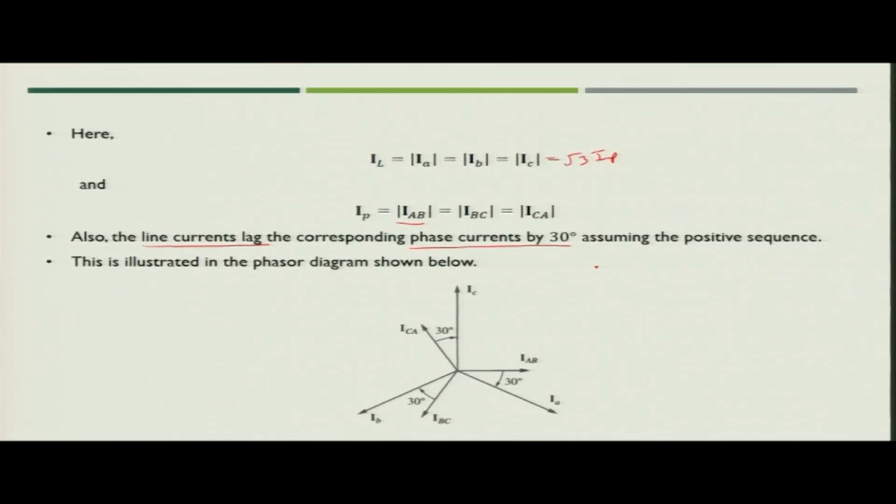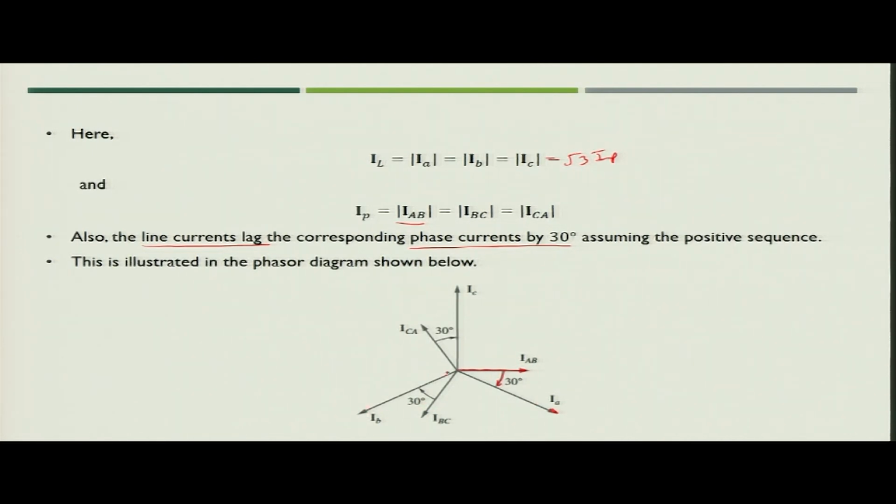So, if you represent line current as well as phase current on the phasor diagram, if you take IAB as a reference, IA, that is the line current for IAB and ICA, will be IA, and which will be 30 degree lagging from IAB.